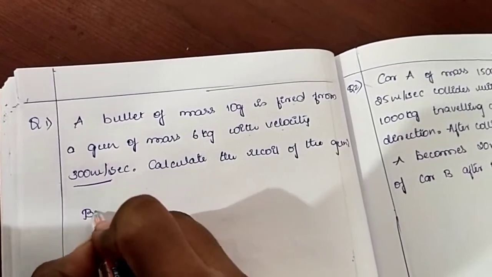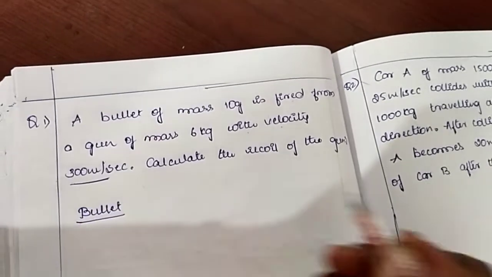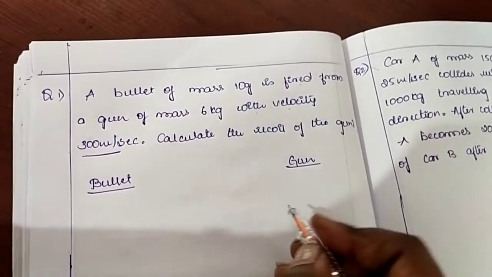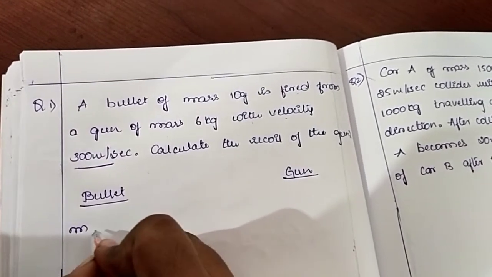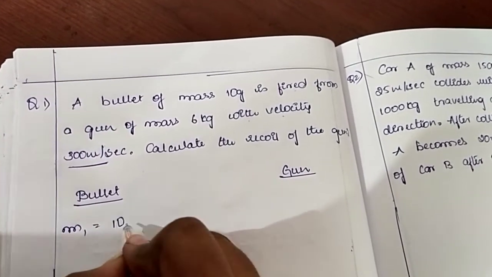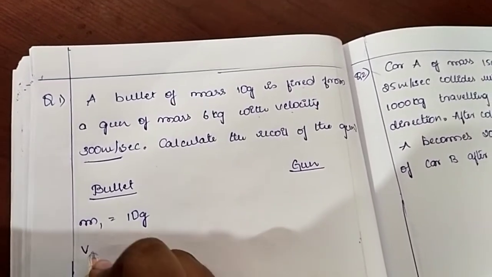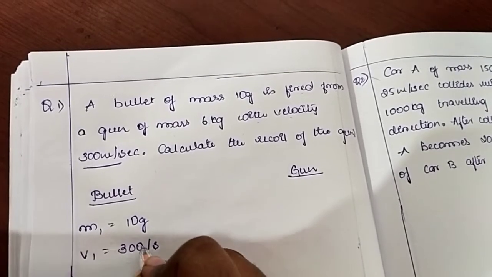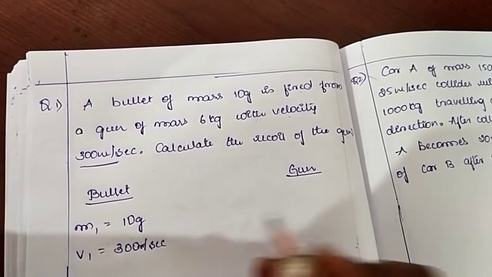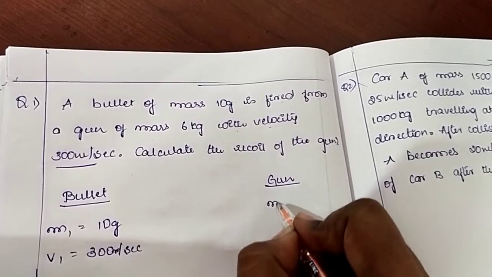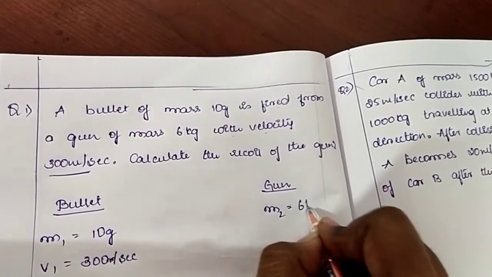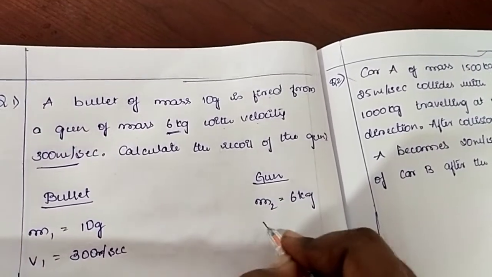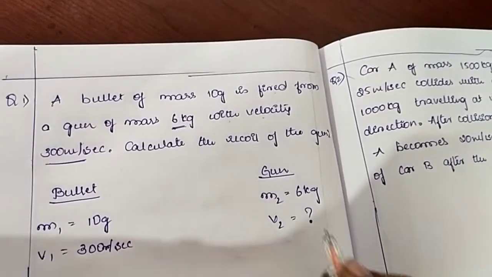Let us take the bullet here, and let us take the gun here. The mass is 10 gram and velocity is 300 meter per second, and the mass of the gun is 6 kg and the velocity we need to find out.